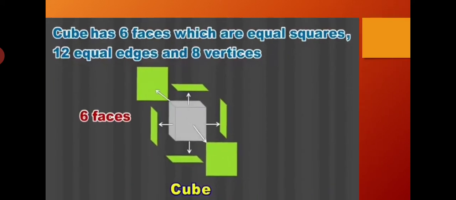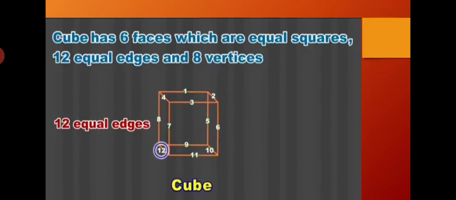So here you can see 6 faces and all the faces are equal squares. All the 6 faces you can see very clearly.